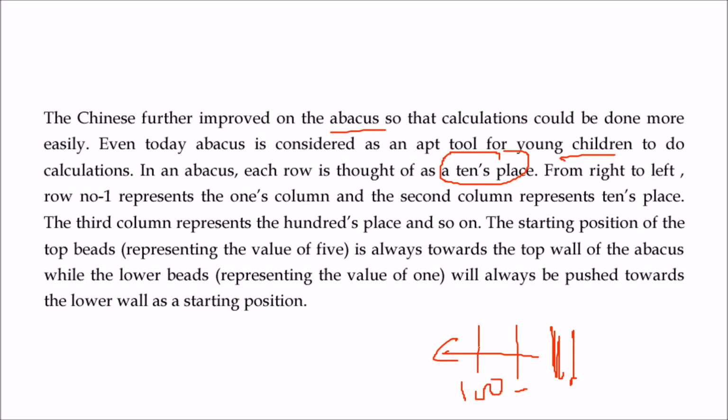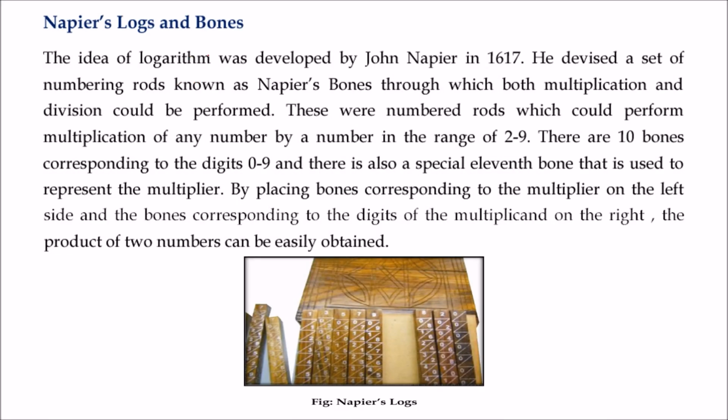The starting position of the top beads, representing the value of 5, is always towards the top wall of the abacus, while the lower beads, which represent the value of 1, will always be pushed towards the lower wall at a starting position.